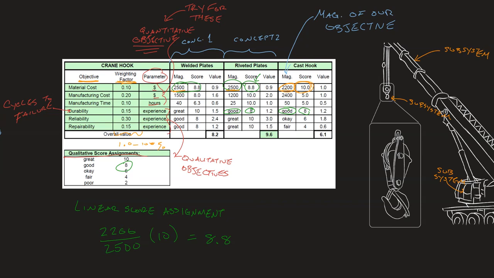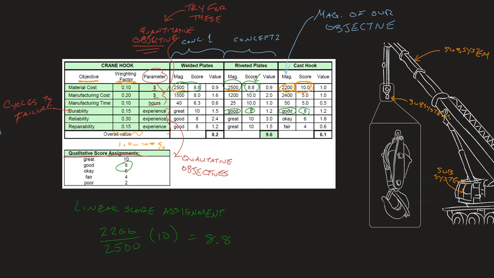I cannot deviate from this table. I must keep true to this. So even if I think that one of these options is a little bit better than good, but not quite great, I have to assign it a score of 8, or I have to expand my score assignment table to include more options for giving scores. That is one of the problems with qualitative assessments.